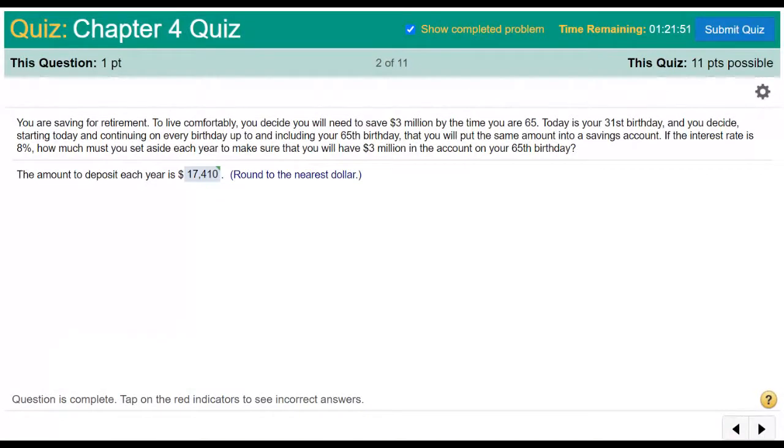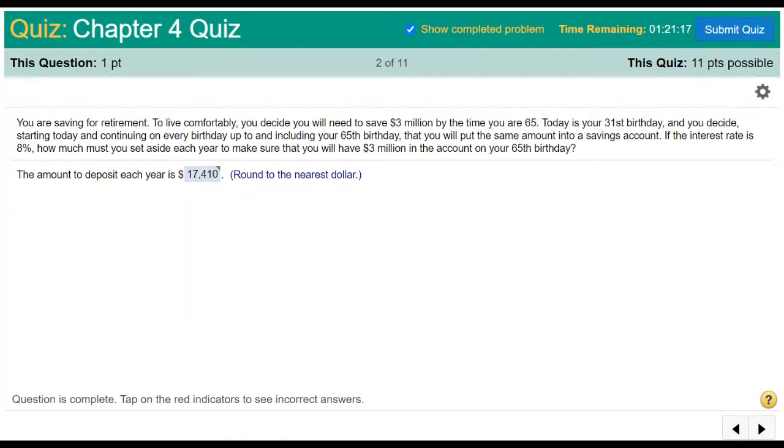You add 1 to it. I/Y is equal to 8. We're solving for payment, so we skip payment and go right into future value, which is 3 million. Present value is 0. Then compute for payment. You should come out to 17,410.